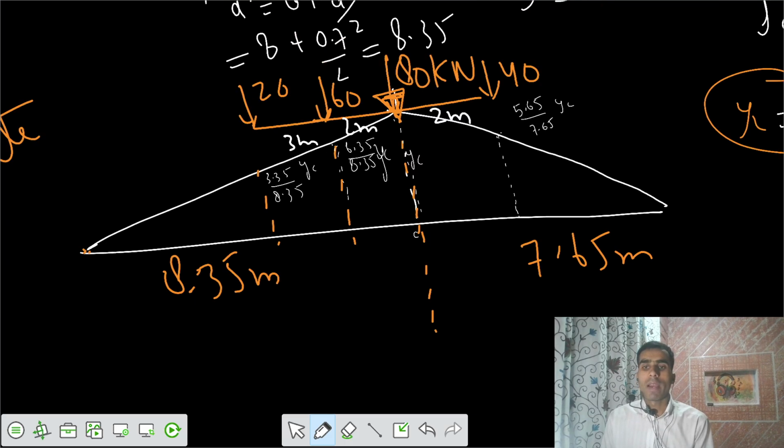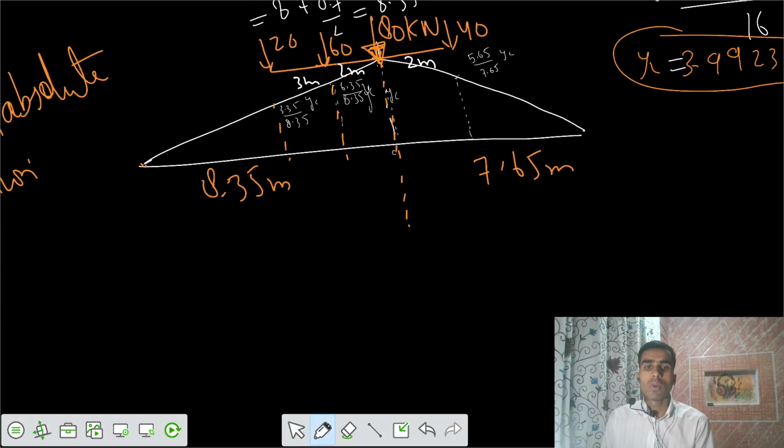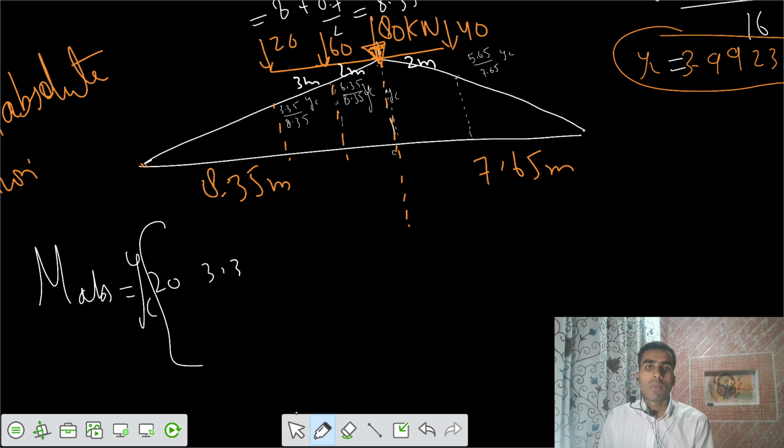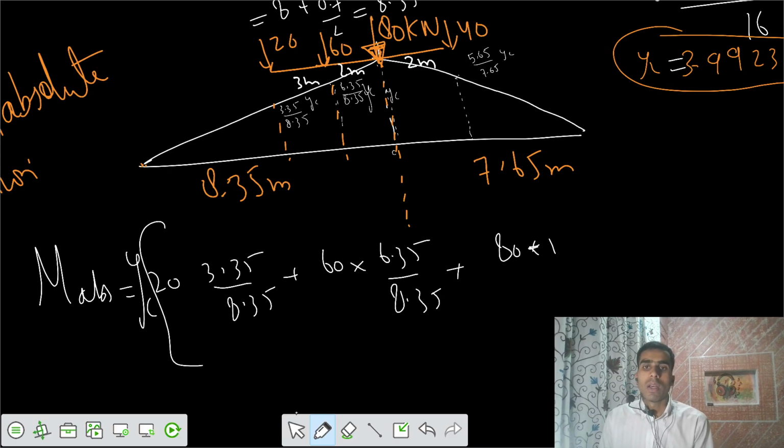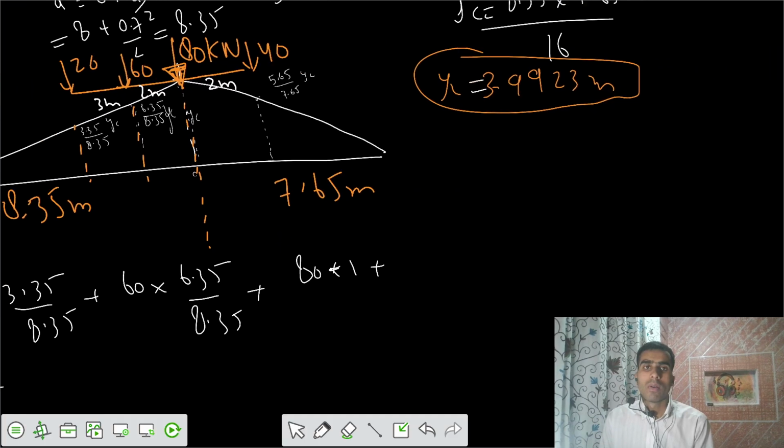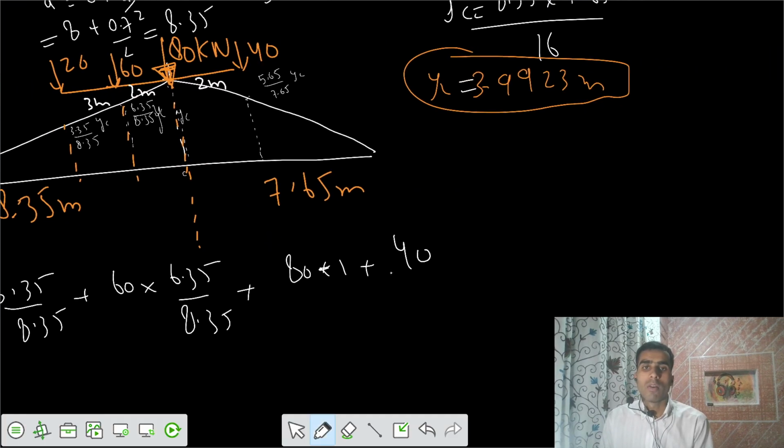So if I have these ordinates and you multiply with the load, I can get the maximum absolute bending moment in the beam. So that would be equal to, let's say the YC is outside, 20 into 3.35 by 8.35 plus 60 into 6.35 by 8.35 plus 80 into 1 plus that one more load of 40 kilonewton into ordinate of 5.65 divided by 7.65 times YC.